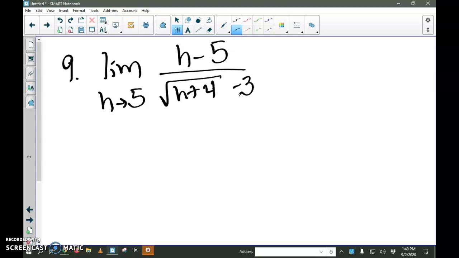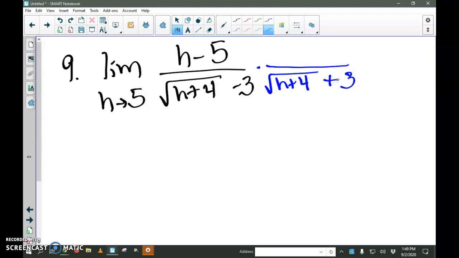Well, I'm not factoring and there's no trig, but I have a square root. So I'm going to multiply by the conjugate of the square root expression. My square root expression this time is in the denominator. Now listen, the conjugate is the exact same expression, but the symbol between the two terms is the opposite.